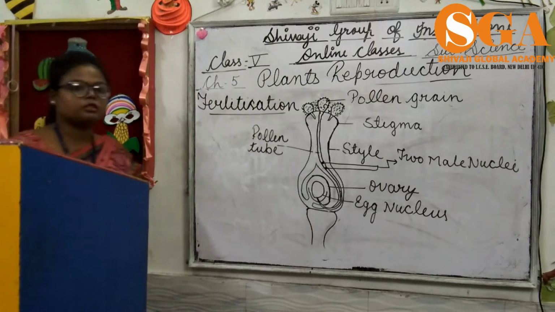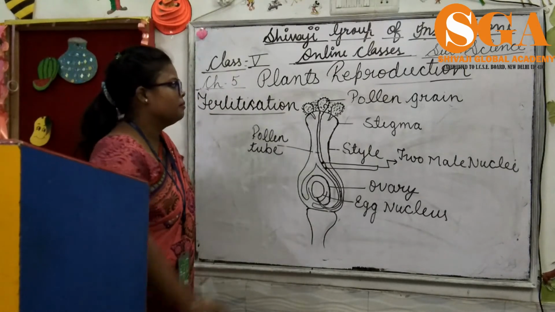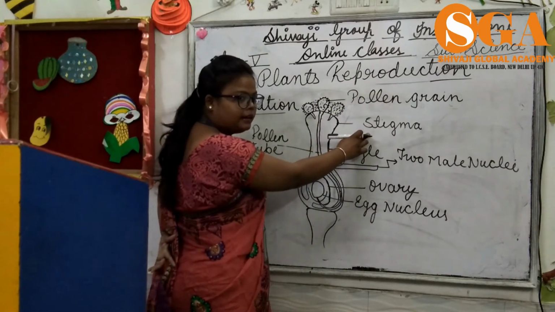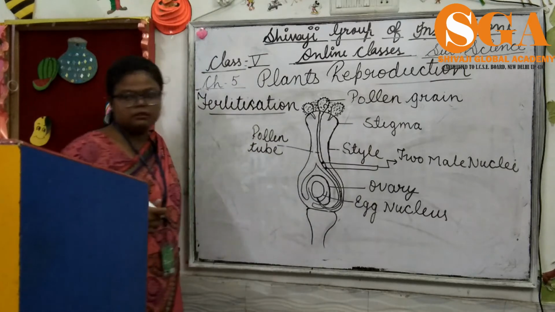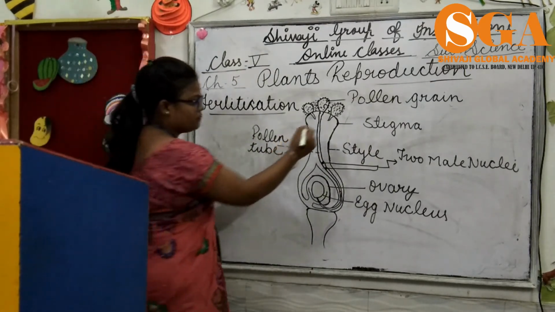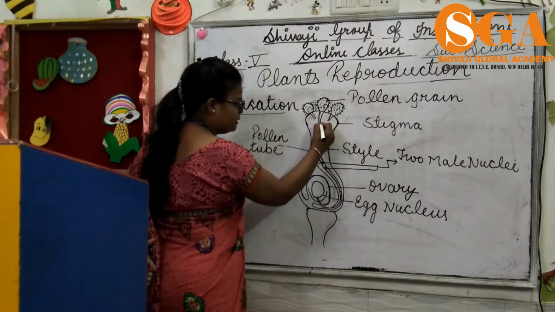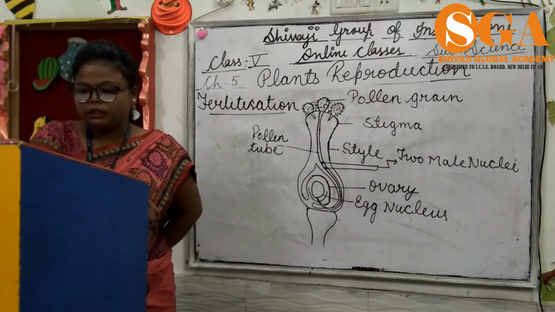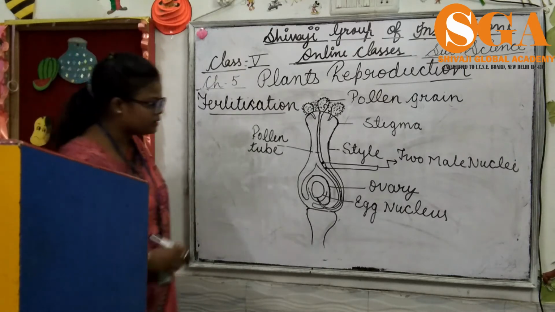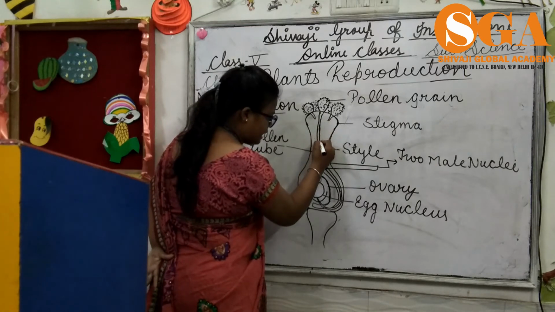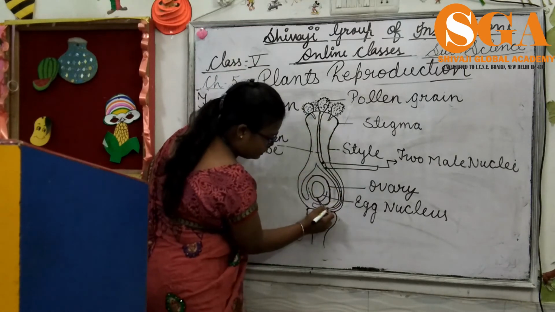Now I am going to explain you fertilization. Pollen grains germinate on the stigma and develop pollen tubes. That is the pollen tube. The pollen tubes grow downward through the style and enter into the ovary.